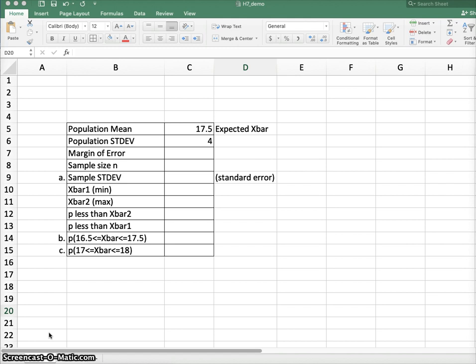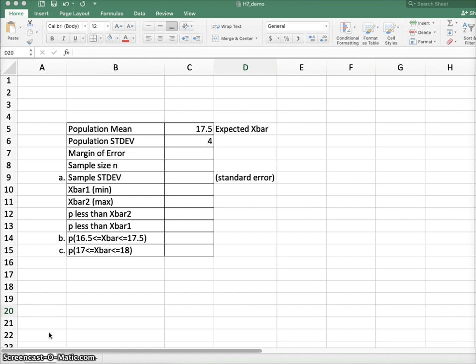So in problem number 20, we have to understand the difference between a population and a sample. In this case, we're looking at people who are unemployed, and we're assuming by previous sampling that the average number of weeks an individual is unemployed is 17.5.